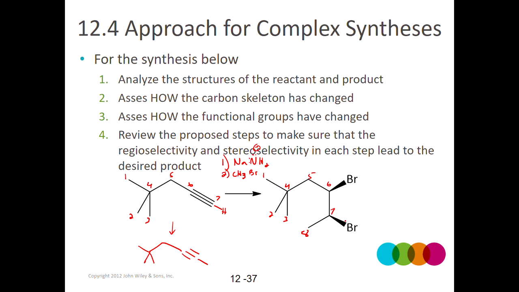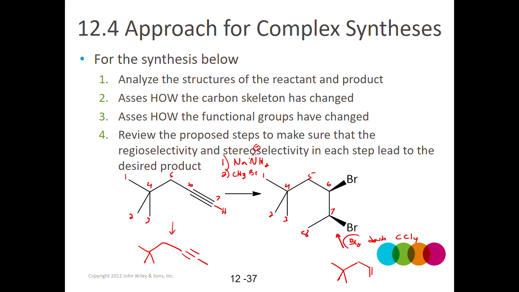So how do I get these bromines on adjacent carbons? Well, we know there's one way to do that. If I start with an alkene at that position, I can add Br2 in the dark with carbon tetrachloride, and the two bromines will add across that pi bond.